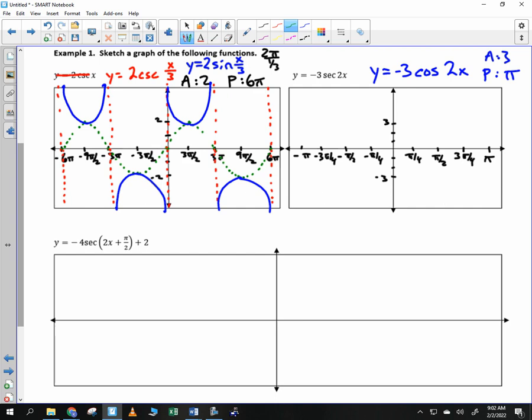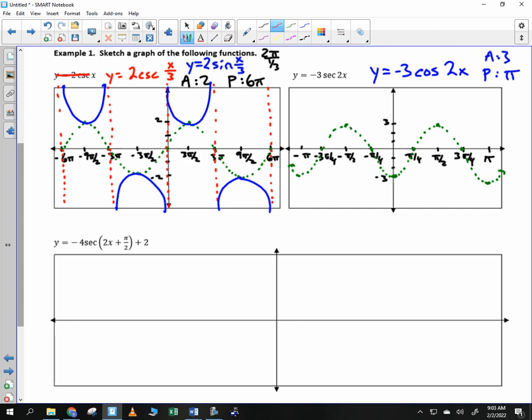Where do I start? Why? Yeah, cosine starts at the max or the min, and because it's negative, I start at the minimum. Now what should I do?